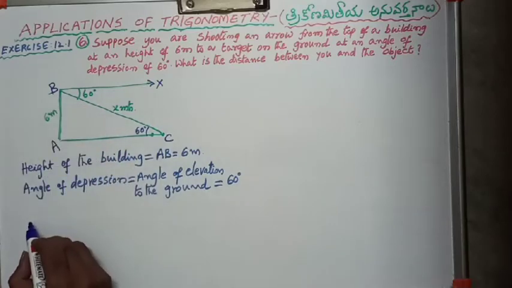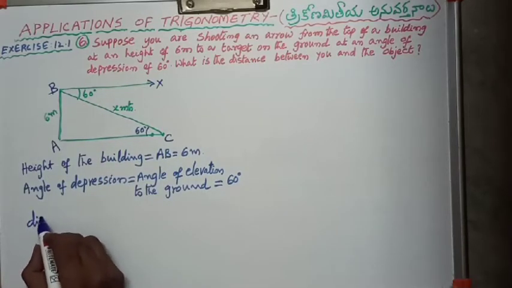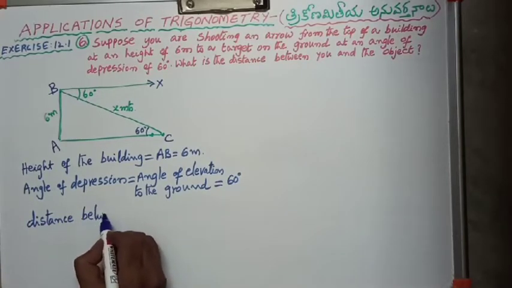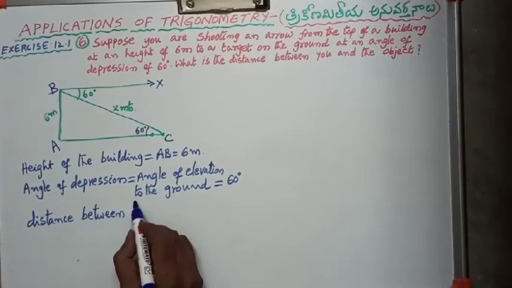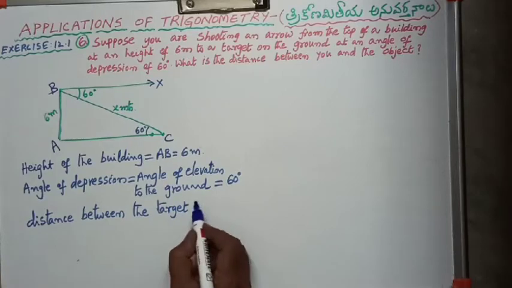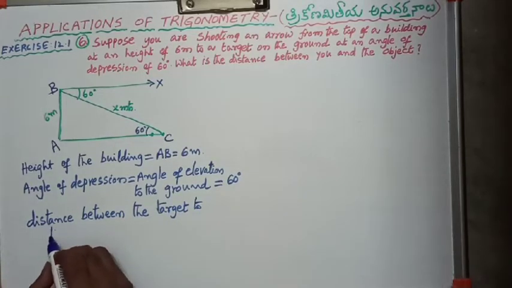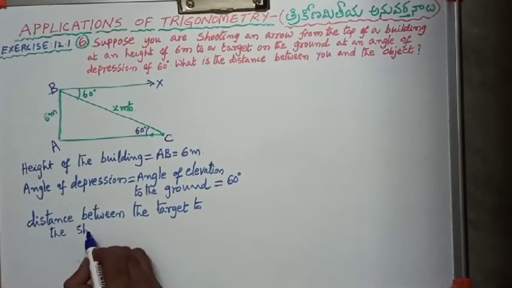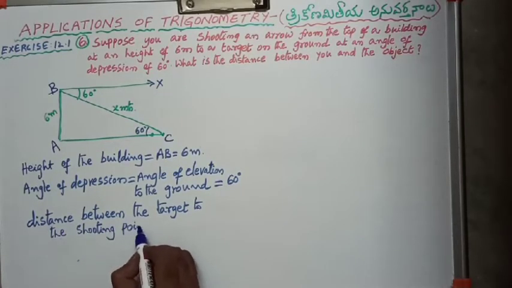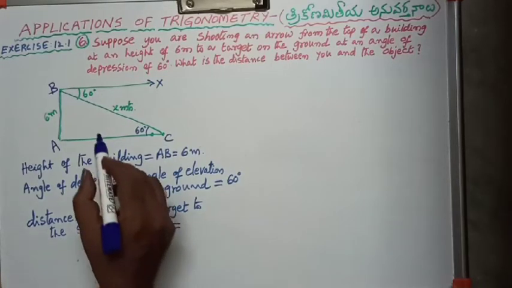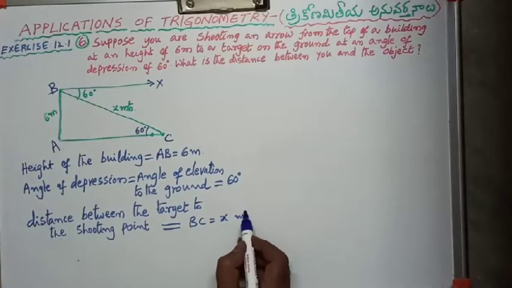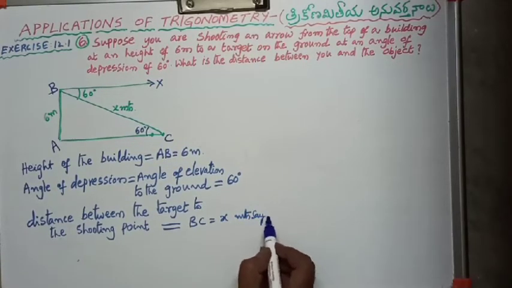Therefore, the distance between the target and the shooting point, that is BC, is equal to x meters, say.